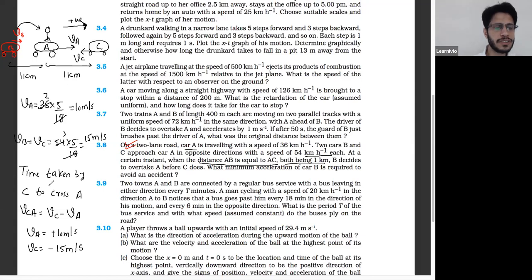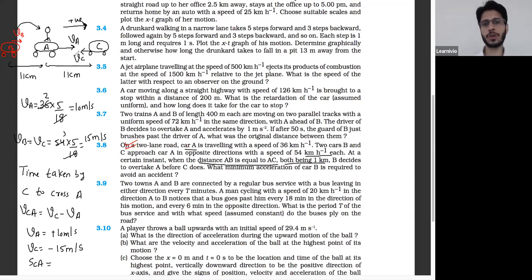So how much distance, or displacement, would C cover to cross A? It's clear in the diagram. 1 kilometer.